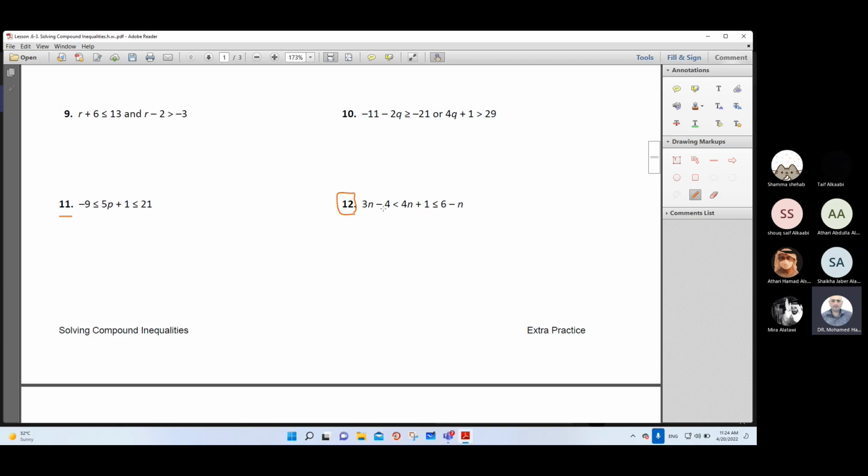Okay. So here we have a compound inequality. We want to separate this inequality into two parts. This is the first part, and this is the second part.